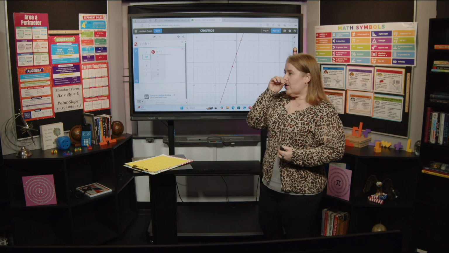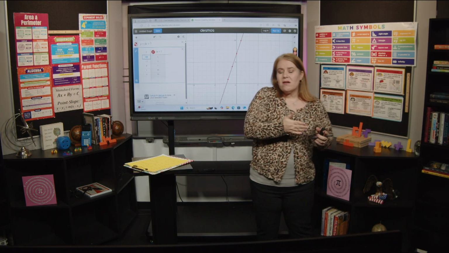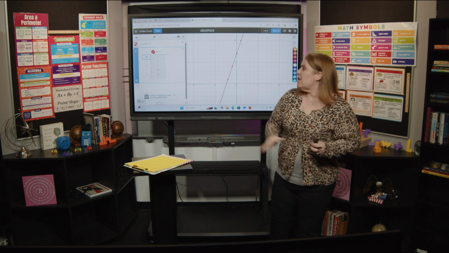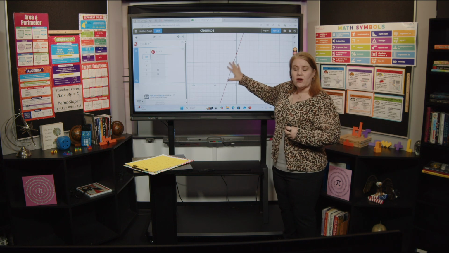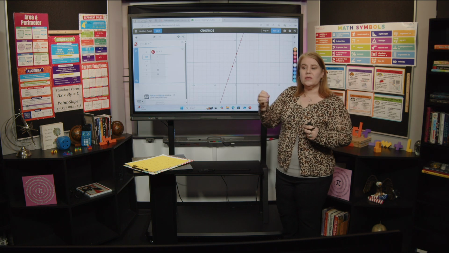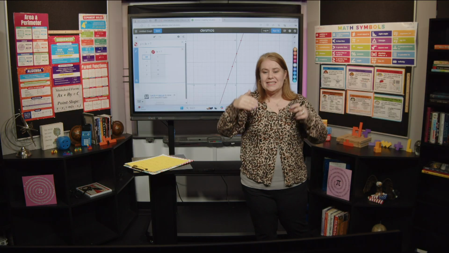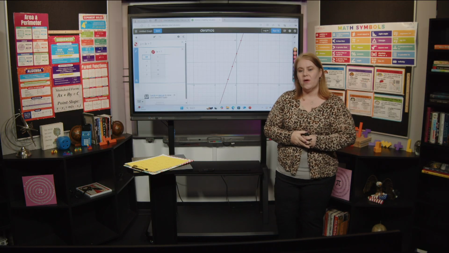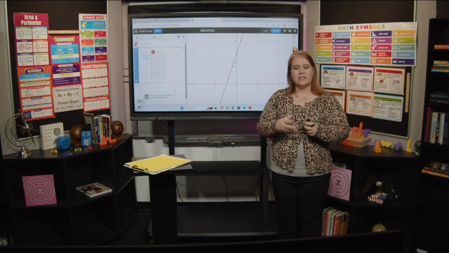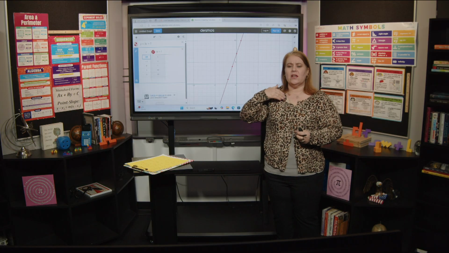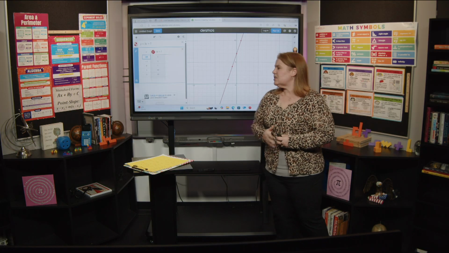We've got to learn that not only is our calculator going to help us, but this Desmos graphing calculator is really going to show us how we could dig deep into these different types of equations, expressions, and functions.